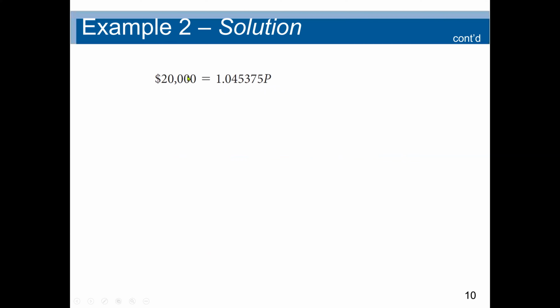Now, since 1.045375 is multiplied by P, when it crosses the equal sign, it divides. So our final answer will be P equal to 20,000 divided by 1.045375. We need to invest $19,131.89 at an interest rate of 6.05%. In 9 months' time, we will get the $20,000.